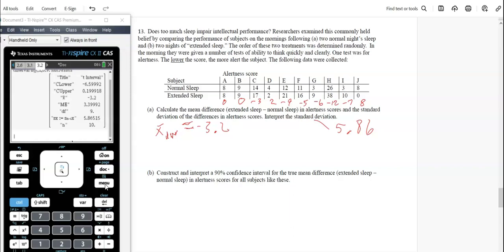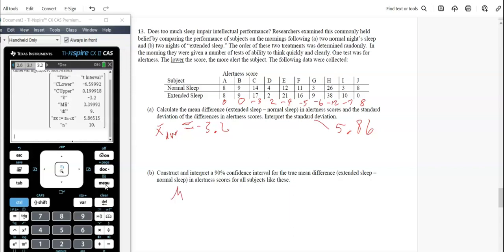We have to interpret the standard deviation. So in this one, the difference of extended sleep minus normal sleep in alertness scores typically varies by about 5.86 from the mean of -3.2. Okay, so then you talk about what is the mean of the difference.